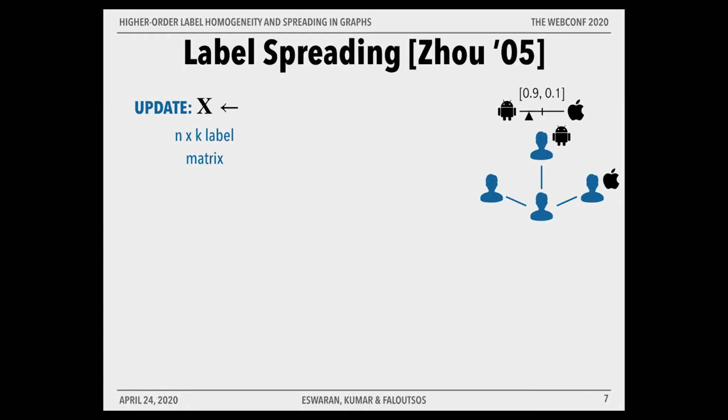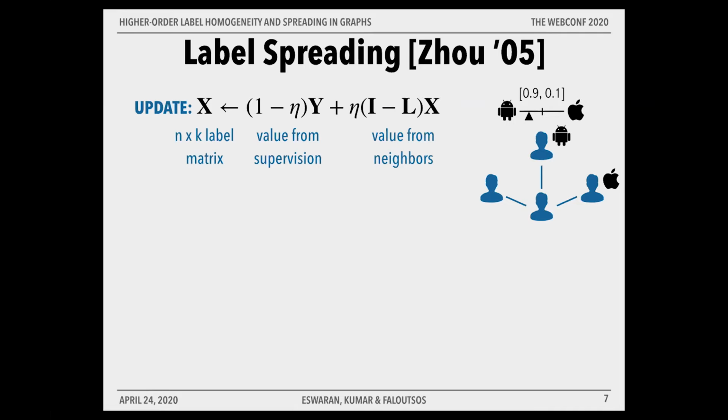And for the update rules, we have all of these labels for all the nodes in the form of a label matrix, and that's going to be updated as, to some extent, coming from the supervision that is provided, which is the given labels for some of these vertices, and to some extent coming from the current label assignments for their neighbors.